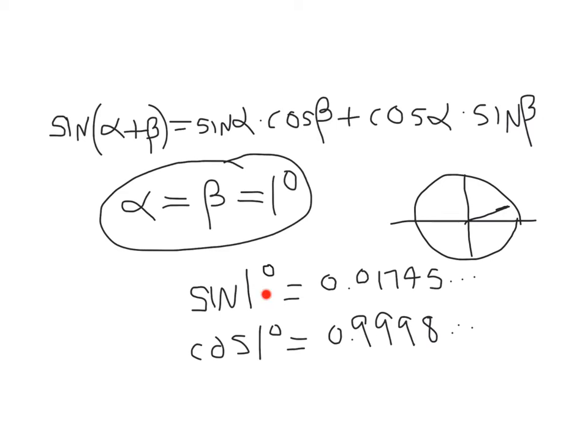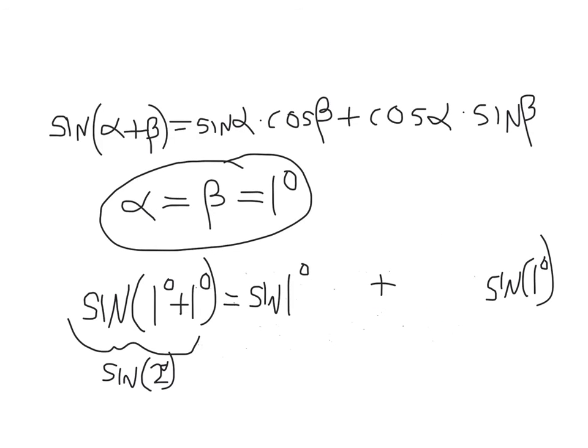As a reality check, 1 degree is a pretty small number, and so the x-coordinate here, which is cosine on the unit circle, is going to be close to 1, and the y-coordinate, which is the sine, is going to be kind of a smallish number. So we pretend we know the sine and cosine of 1 degree, and now you might say, okay, so what's the sine of 2 degrees?